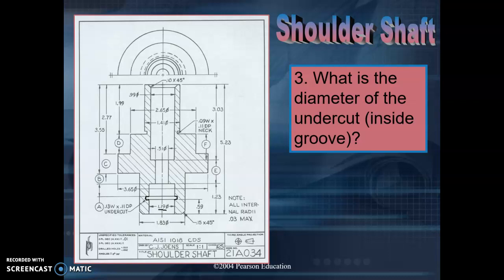Then we have a depth of 0.11 on this side and a depth of 0.11 on that side. So we would want to take our 1.19 plus 0.11 plus 0.11. So that would be 1.41 is the diameter from here to here of the inside groove.